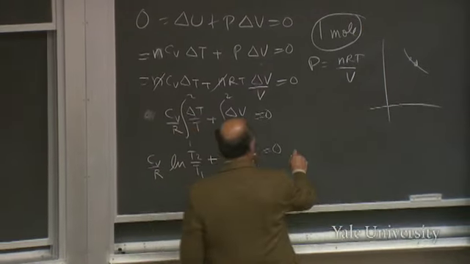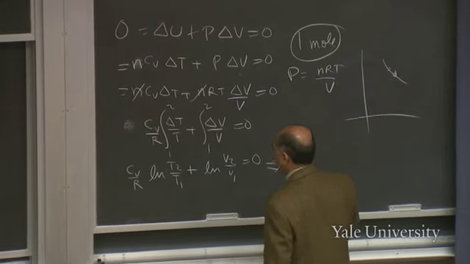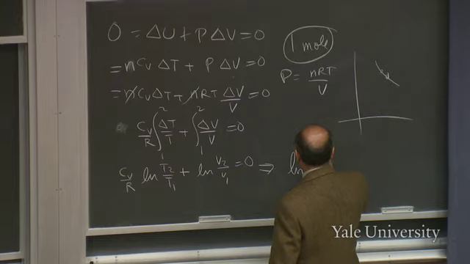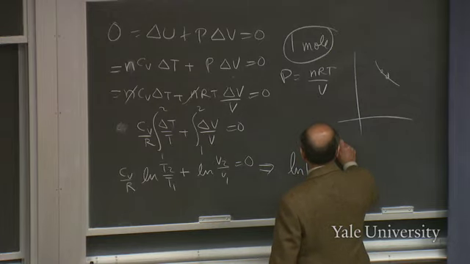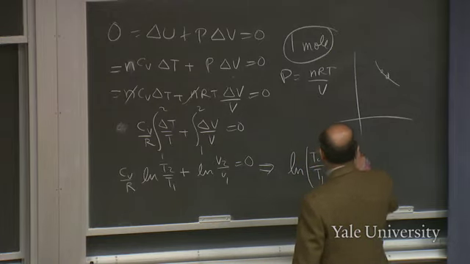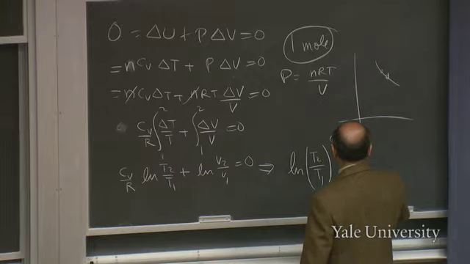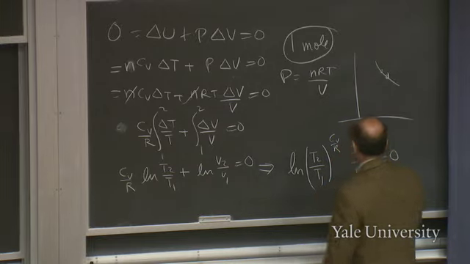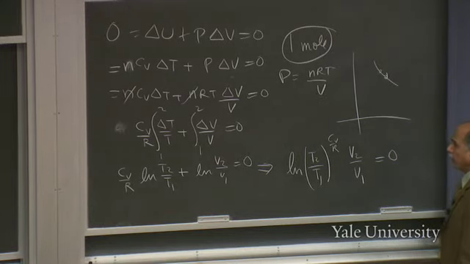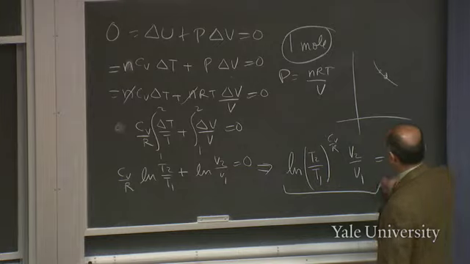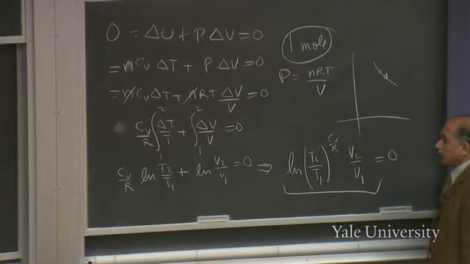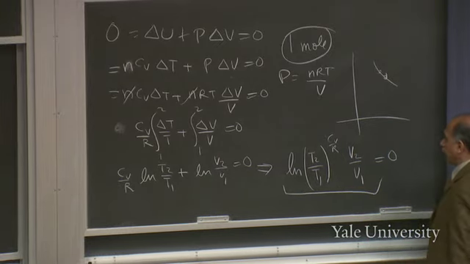Now, you got to go back and think about your logarithms and realize I can write it as log of T2 over T1 raised to the power CV over R times V2 over V1 is equal to 0. You just combine all the logarithms and realize that log of x to the power n is n log x. So that is the same as this.